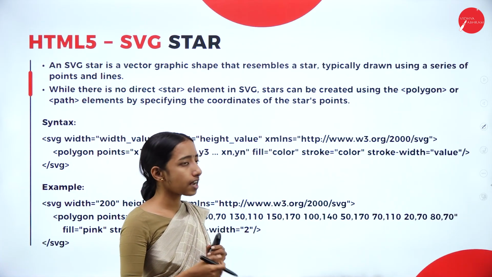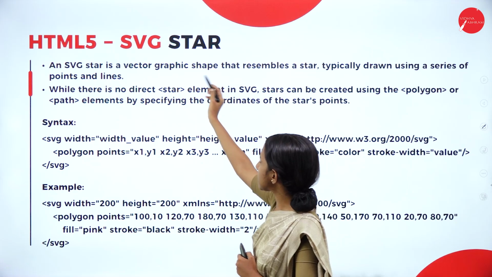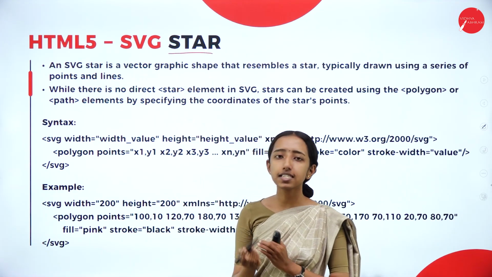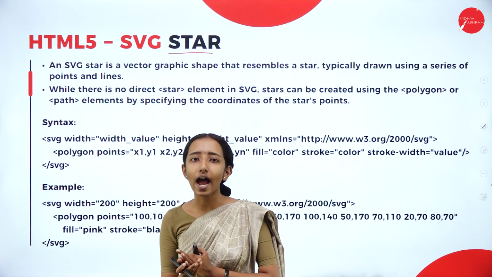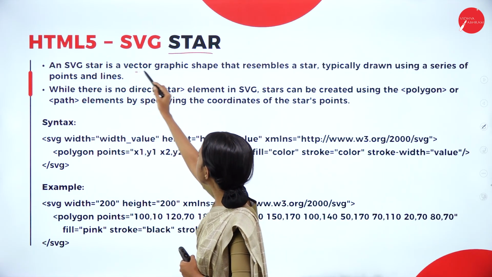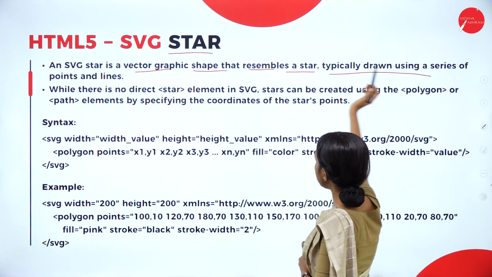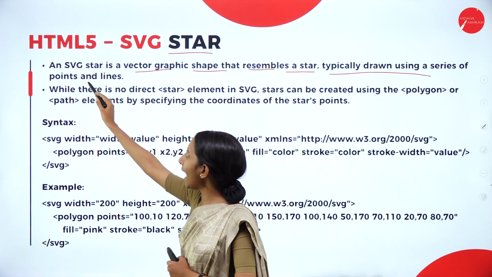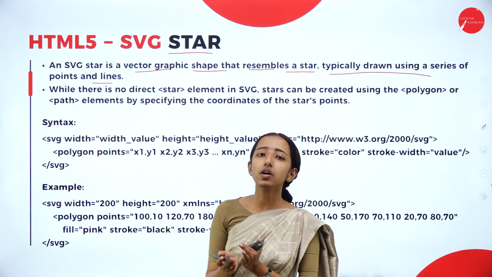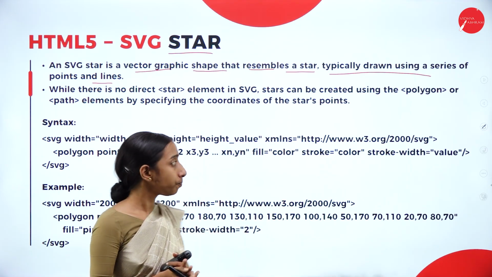So the last is how we can create another concept, that is the star. How can we create the star using HTML5 and SVG? An SVG star is a vector graphic shape that resembles a star, typically drawn using a series of points and lines. So here you will be using the points as well as the lines to create a star.